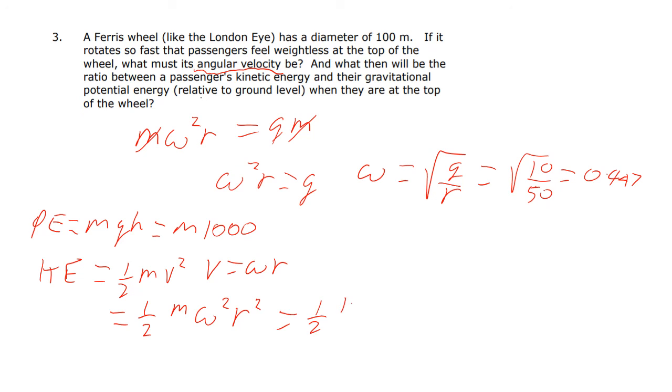Since we need omega squared, we just plug 10 over 50 straight in, and our radius is 50 meters, so we put 50 squared in there as well, multiply by half, and we end up with 250 times the mass. So from that we can say the ratio of potential energy to kinetic energy is 1000 to 250, or 4 to 1.